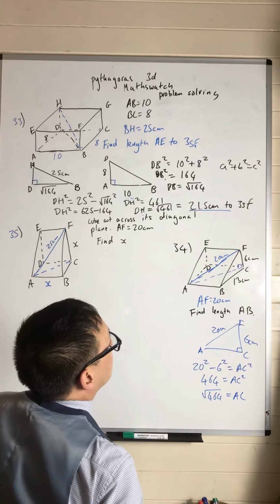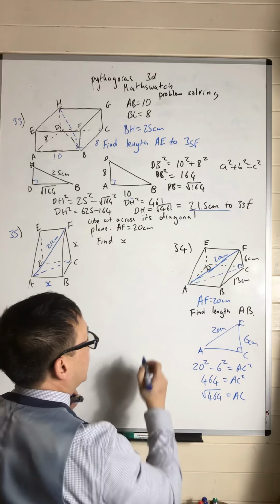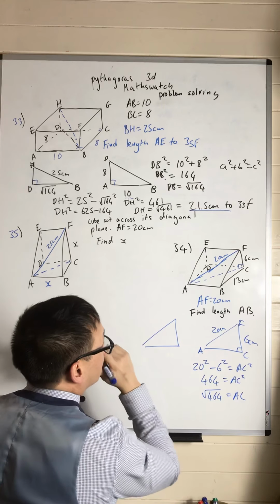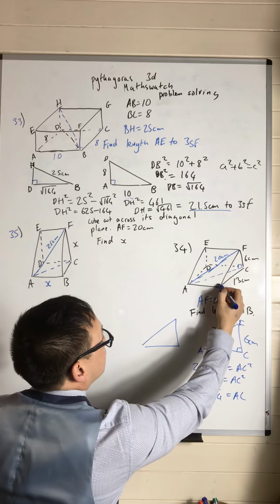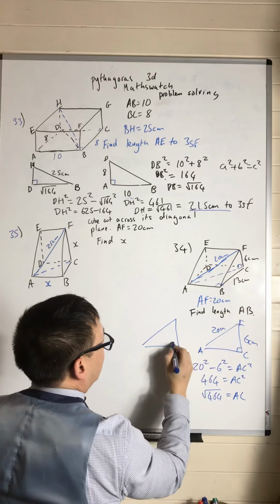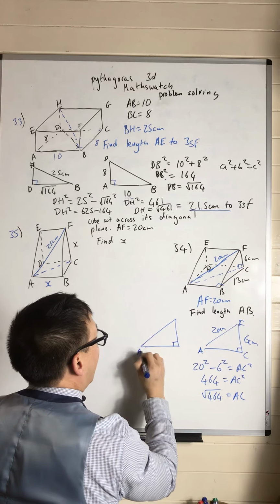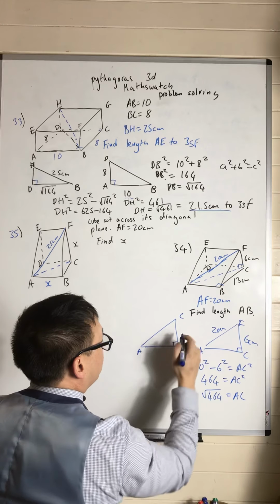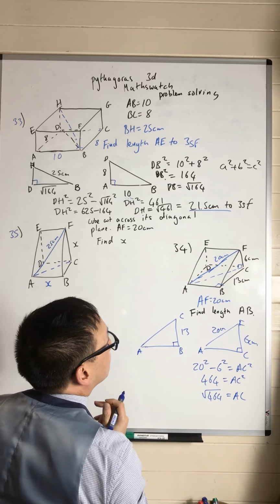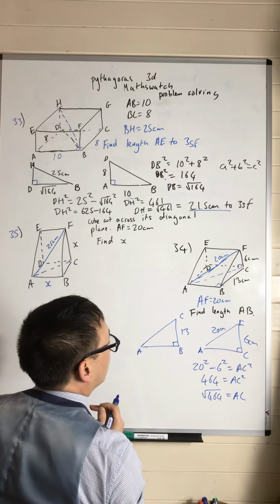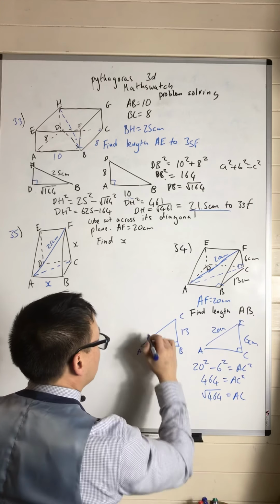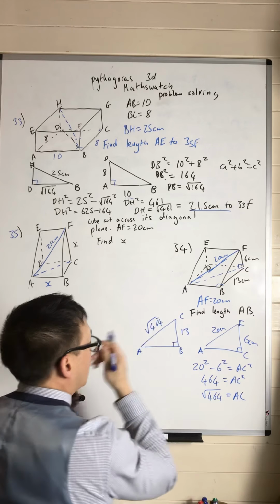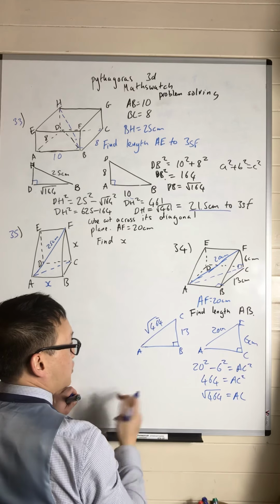So once we've got AC, we can take out this triangle here, right angled here. So now we've got the triangle ABC with BC 13. We know AC equals square root of 464. And we need to find the length of AB now, which is Pythagoras again.